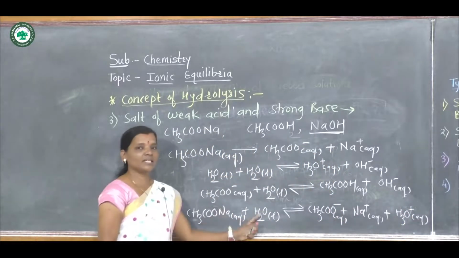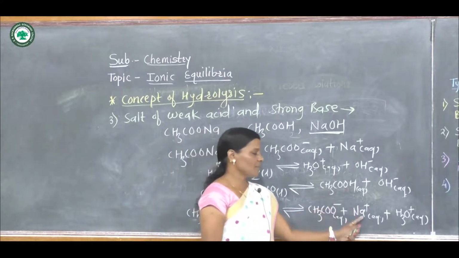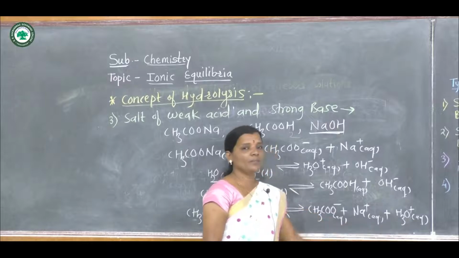When sodium acetate interacts with water, we get acetate ion plus Na plus ion and hydronium ion.